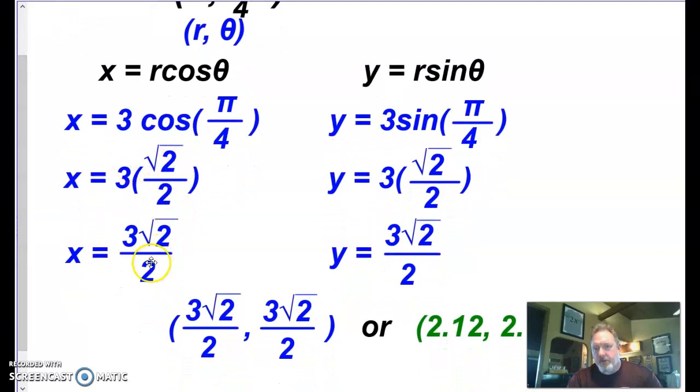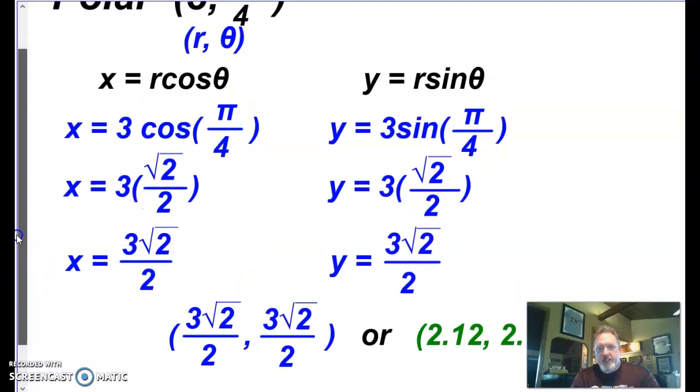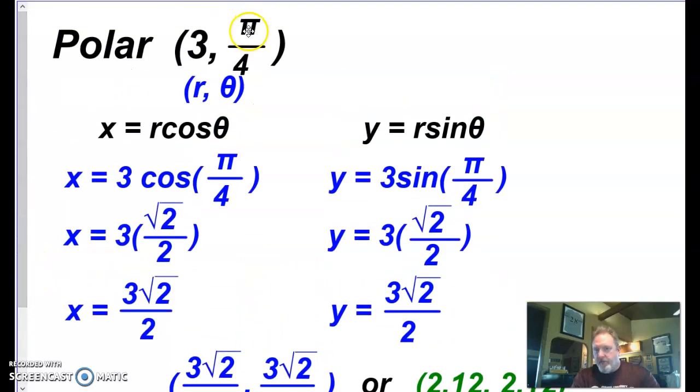So 3 times square root of 2 over 2, and the same for y. Here's the exact answer if you did it that way. Otherwise, if you did the decimal version, which is fine, you get 2.12 and 2.12. So x and y are the same, and that's because we're at 45 degrees. So the point 2.12, 2.12 is the same as the point 3, pi over 4.